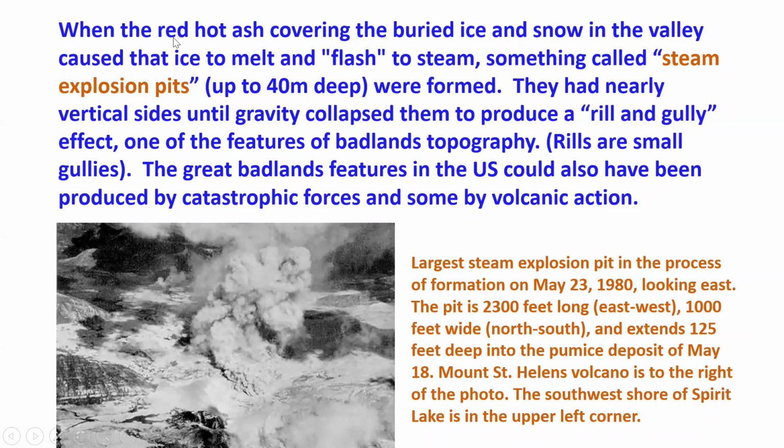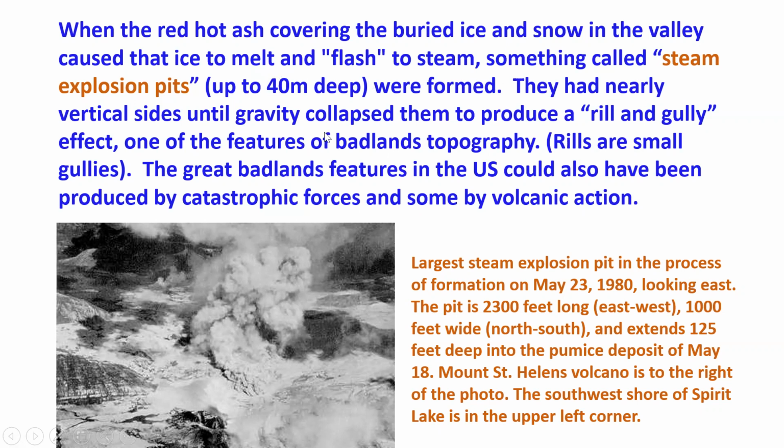Now, when the red hot ash covering the buried ice and snow in the valley caused the ice to melt and flash to steam, something called steam explosion pits up to 40 meters deep were formed.